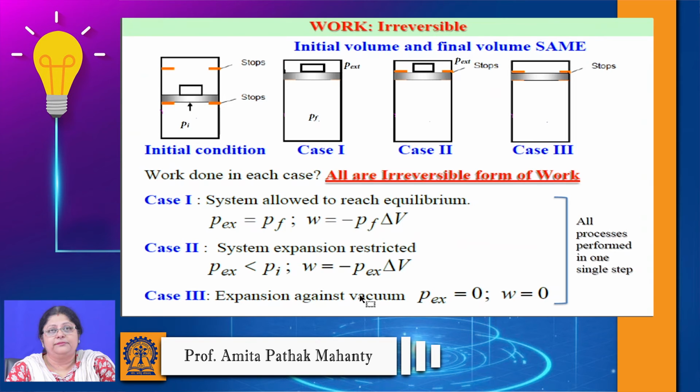It becomes equal to the P external, because it cannot move further, whatever weight is there, because there is a stopper here. So restricted pressure means you have a stopper which restricts the volume expansion. That will decide the final pressure, and that can be equated to the P external. So that will again give you P external delta V.